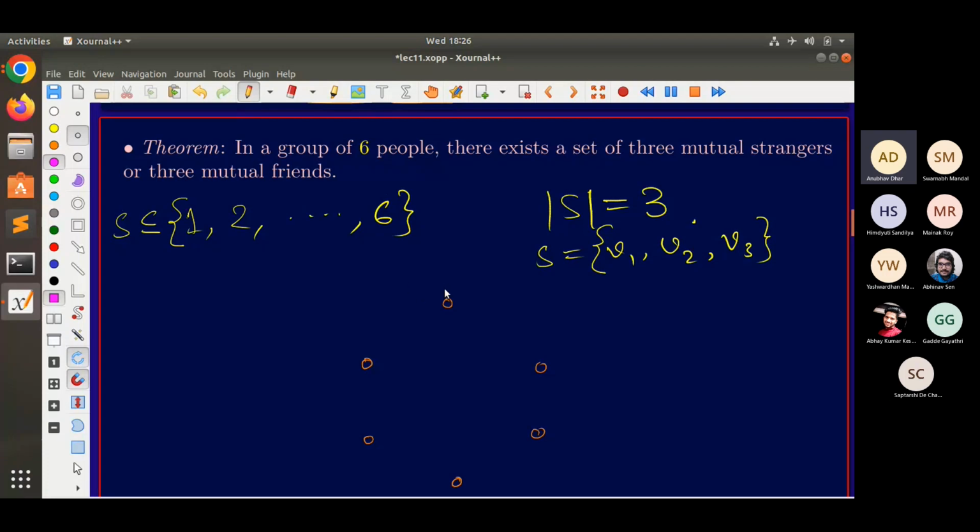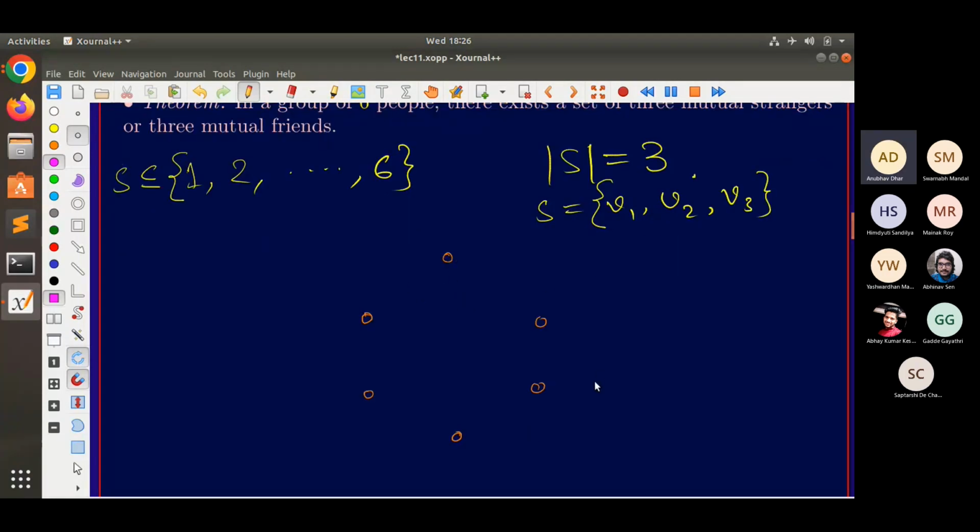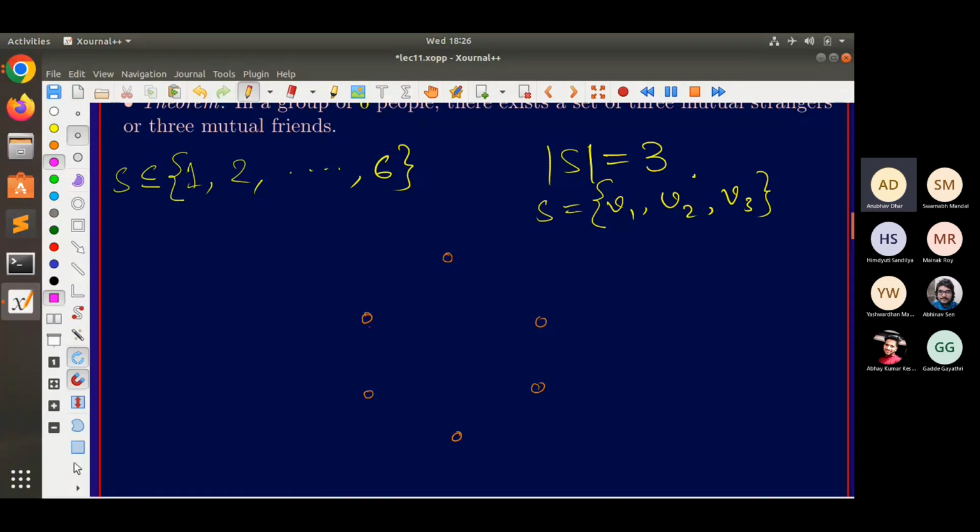Now for these six people, let's draw a graph such that every two people are connected by some edge, but let's draw the edges in different colors. We draw an edge in pink color if they are friends, and in blue color if they are strangers.